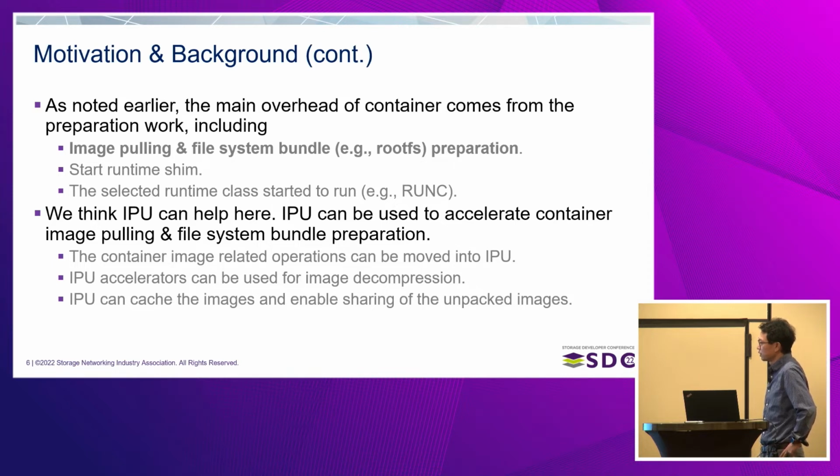IPU can be used to help accelerate a few operations, for example container image pulling and file system bundle preparation. Some of you probably know very well that we have a vision that the IPU will be the control point in the data center, dealing with all the infrastructure service offloads. So operations like getting the right container image, image preparation, and unpacking are perfect to do in the IPU.